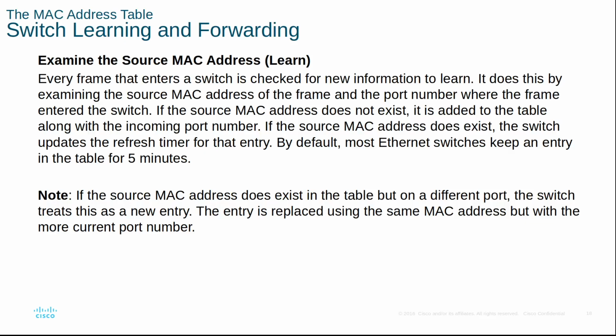By default, switches keep an entry in the table, for the most part, for 5 minutes. It's also possible that the address might be in the table but on a different port. The switch will treat that as a new entry, and that new entry will replace the other one with the current port number. This happens if you disconnect an Ethernet cable and connect it into another port, because you might do that, right? Maybe you connected it to the wrong one.